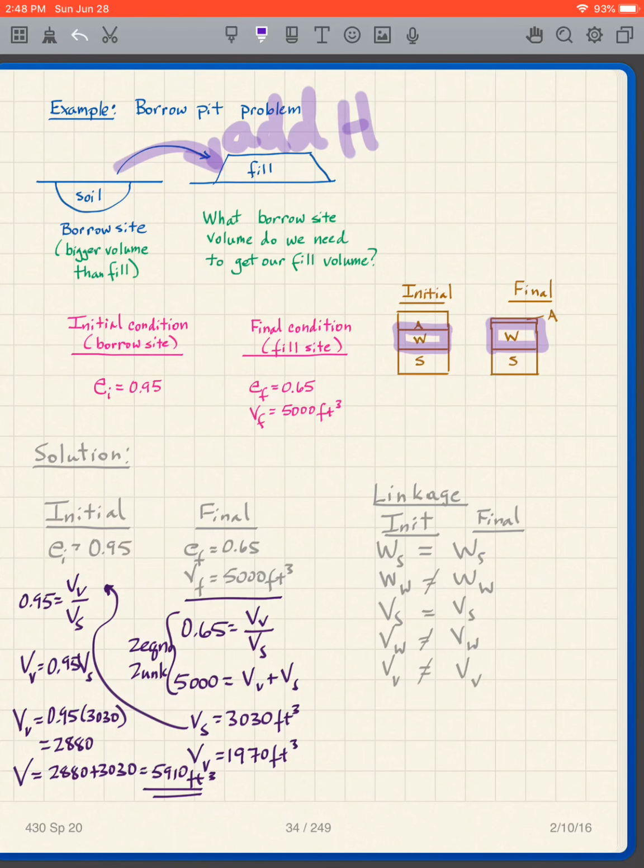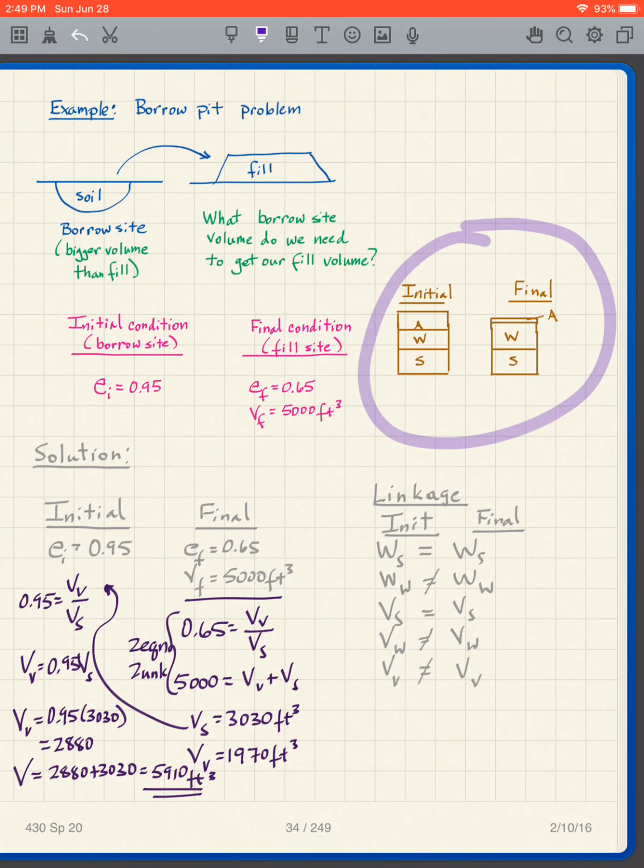So that when I draw this picture, I don't want to show the water being the same. They're different. And then when we compact it, what do we see? Well, when we compact it, the air is reduced. So it's helpful to draw something like this to give yourself a feel for what's going on in these initial and final problems.